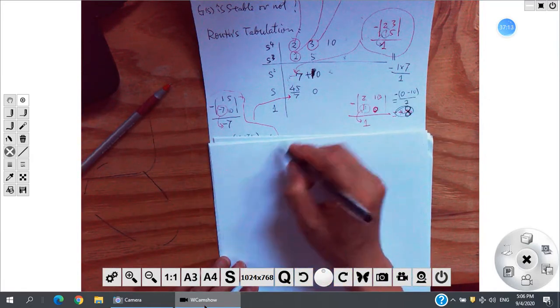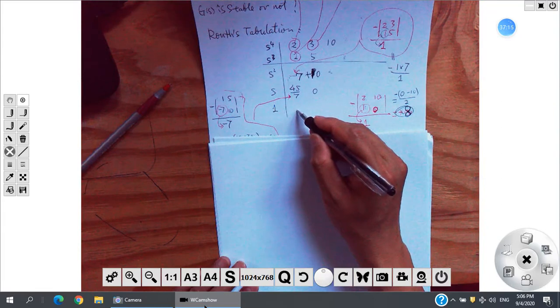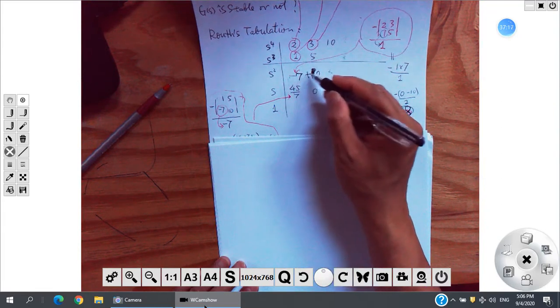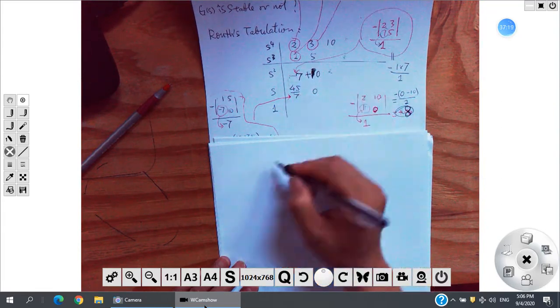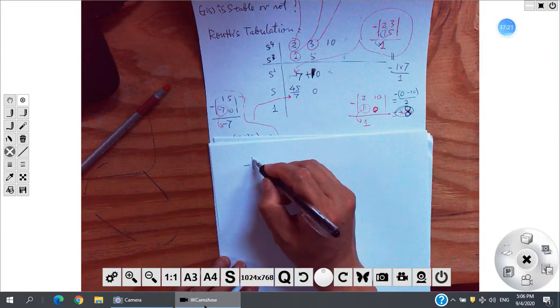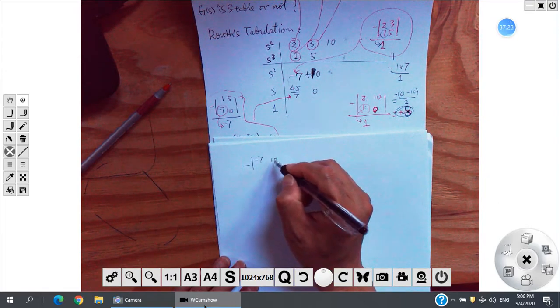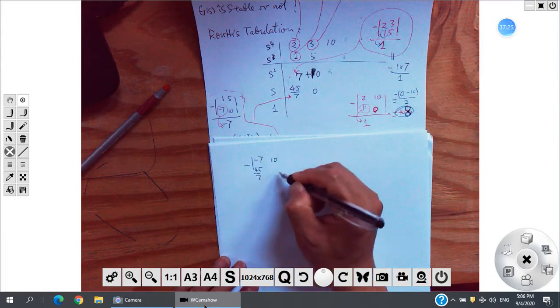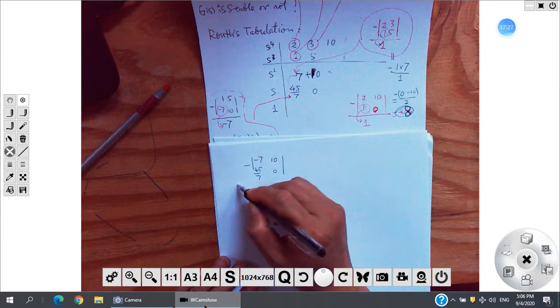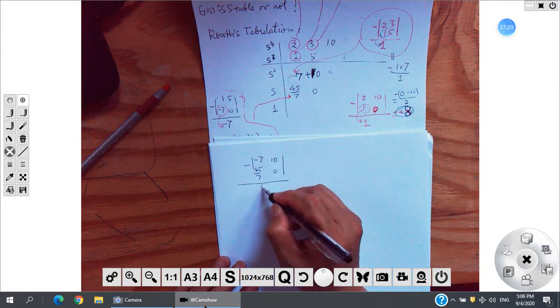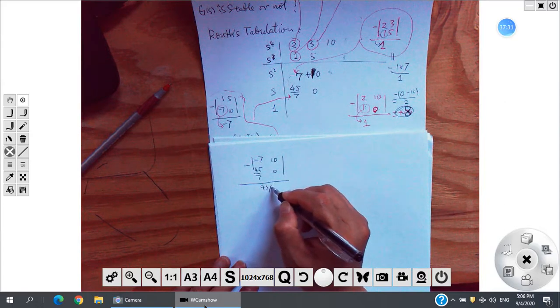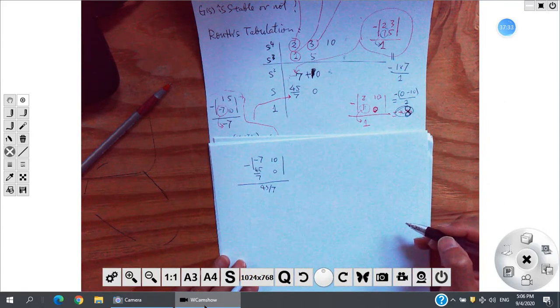This is this number. We use these 4 to do the calculation. So it is a negative. This is -7, positive 10, 45 over 7. This is a 0, divided by this number, divided by 45 over 7. Okay.